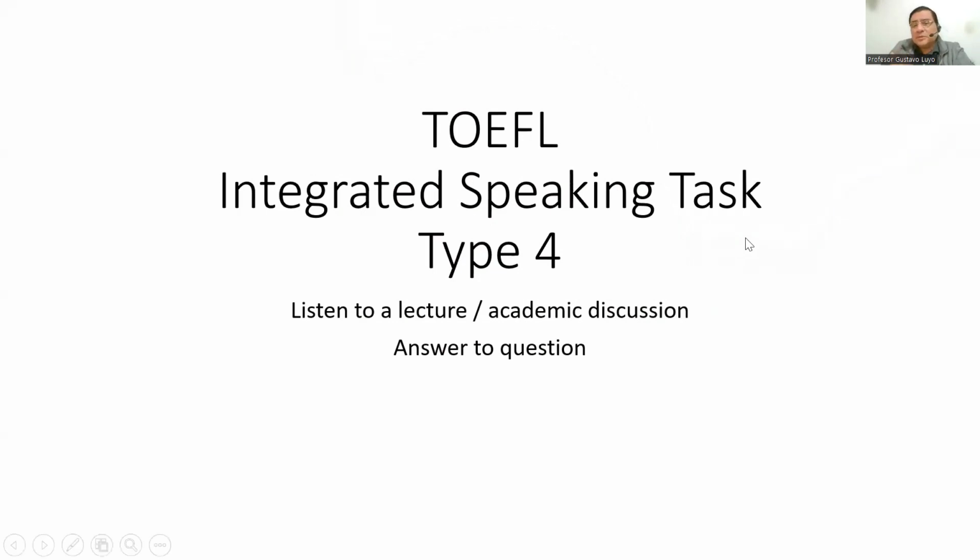First, you'll listen to a lecture or academic discussion. This lecture or academic discussion is a little longer than the one that you would listen to in the speaking task type 3.